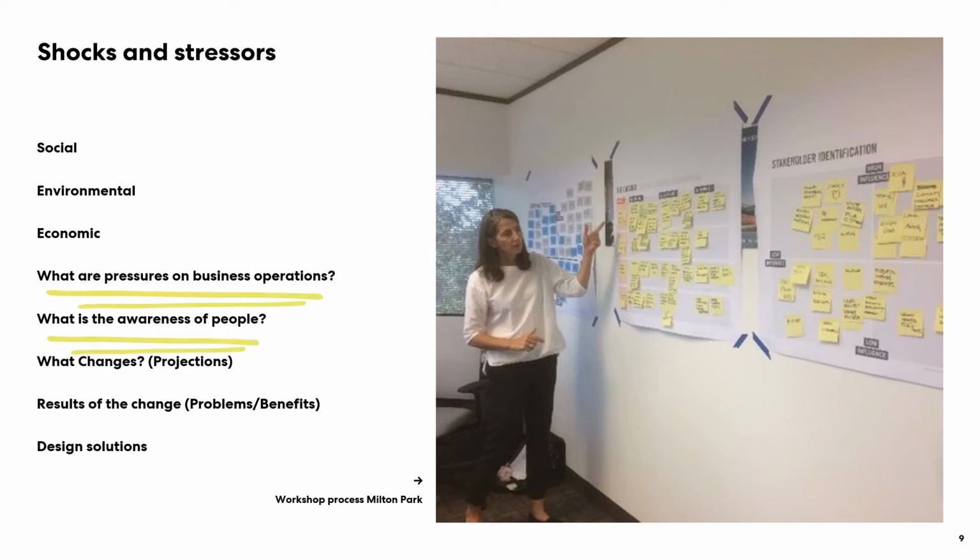What is the minimum that is actually required to make sure that they can operate a viable business? And what is the awareness of the amount of risks that are actually in the vicinity?